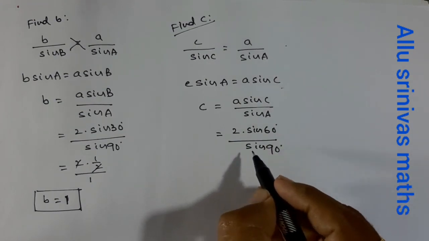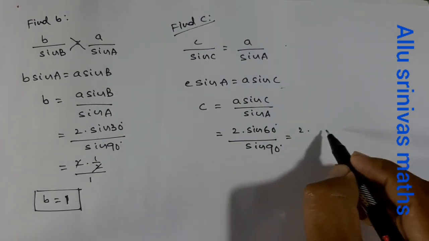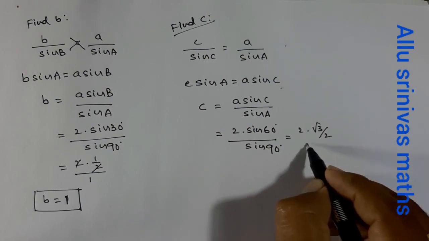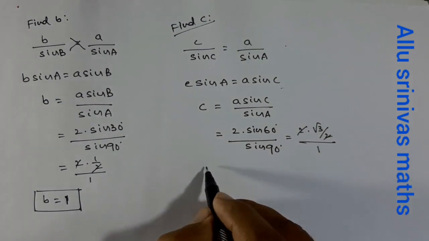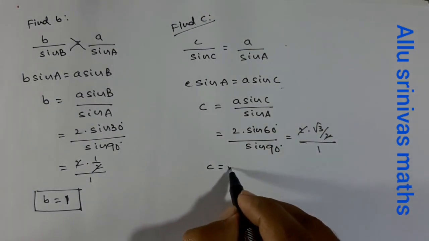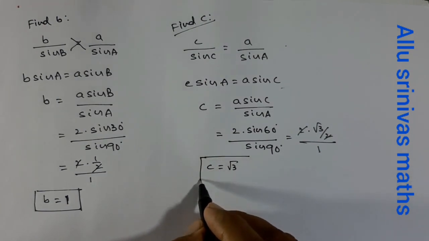We know sin 60 is root 3 by 2, sin 90 is 1. Finally, required side C equal to root 3.